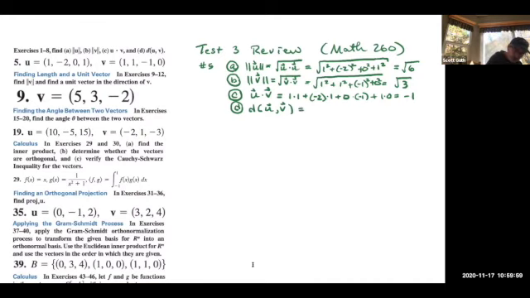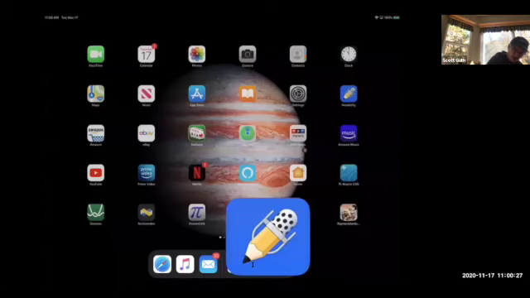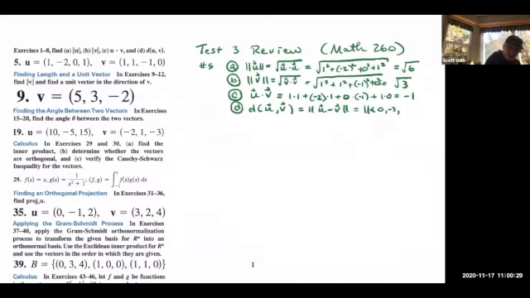So that's the norm of U minus V, which connects the tip of V to the tip of U. This would be the norm of the difference of the two vectors, which is 0, negative 3, 1, 1.